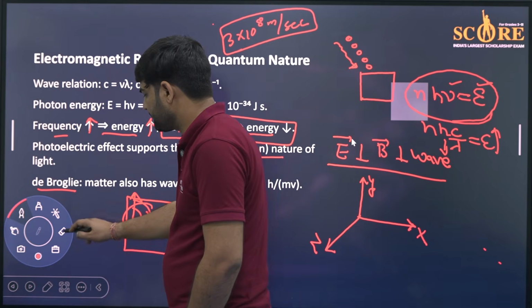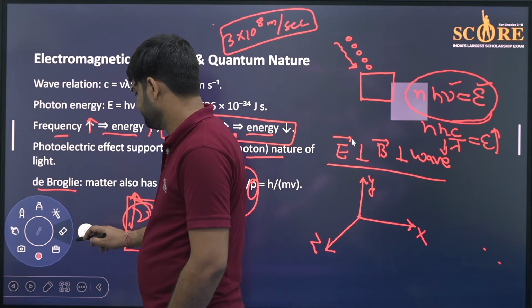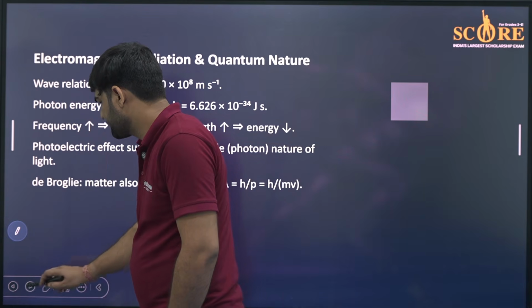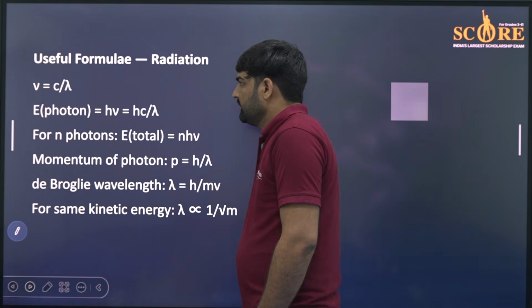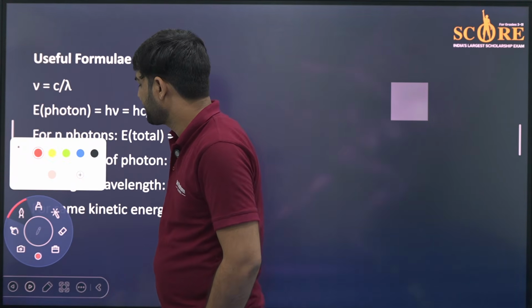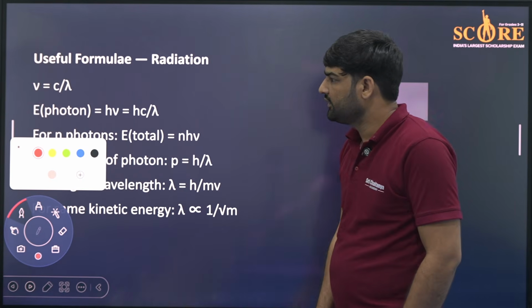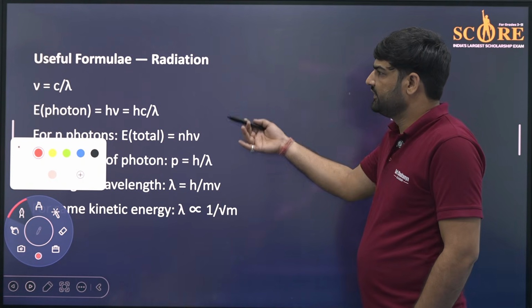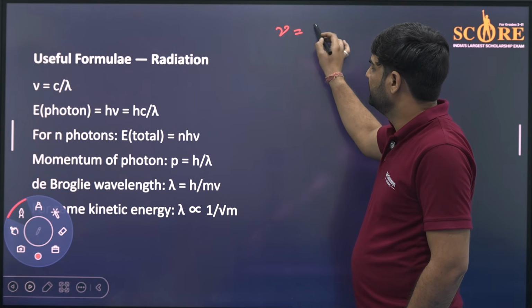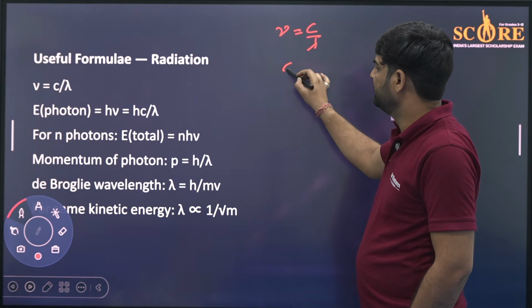So next, some basic formulas. We have seen nu equals c by lambda.